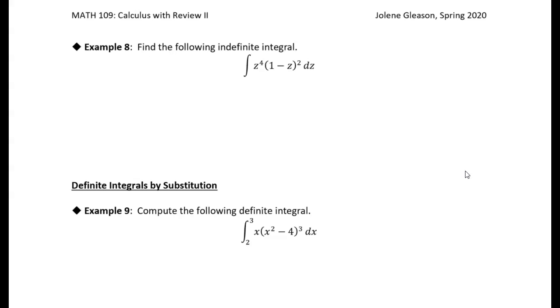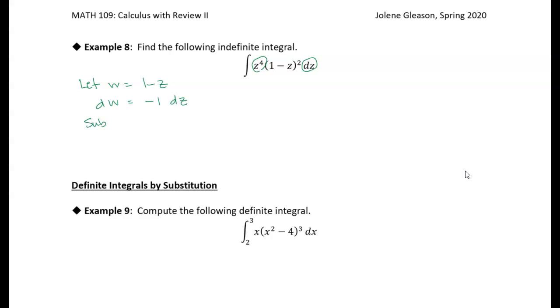But if I say, let w equal 1 minus z, then dw is just equal to minus 1 times dz. And I've got z to the 4th and dz. I don't have minus 1 dz. So this is one where substitution doesn't really help.